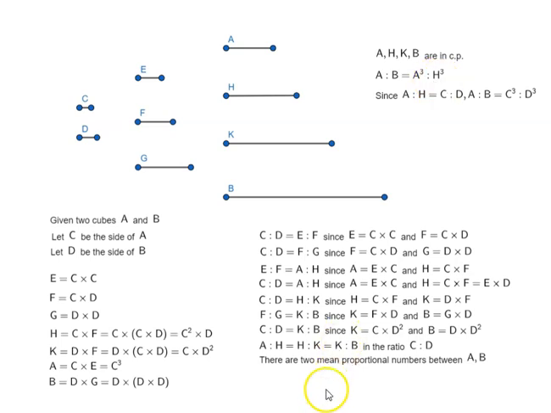So we have shown that if we have two cubic numbers, then there are two mean proportional numbers between them. And the ratio between these two cubic numbers is equal to the triplicate of the ratio of the sides. So that is proposition number 12 of book 8 of Euclid's Elements.